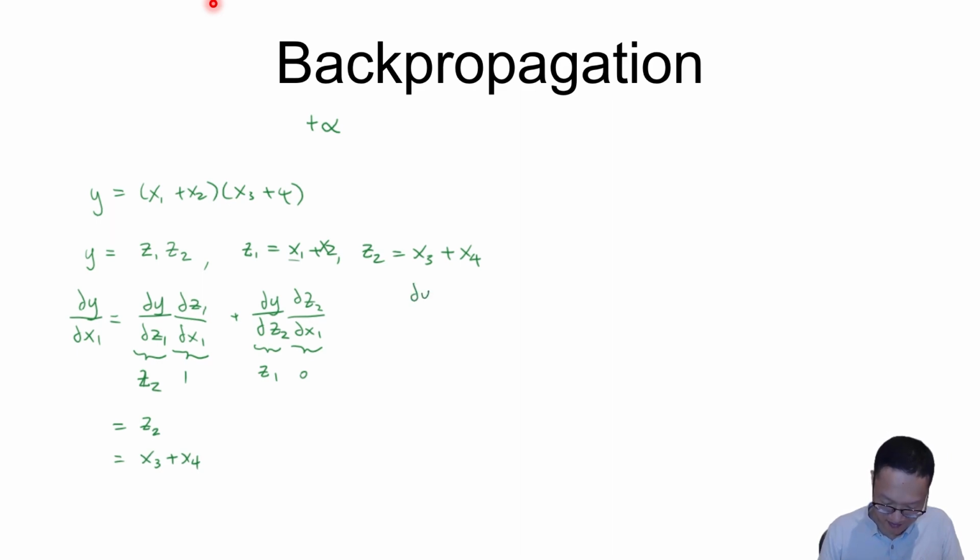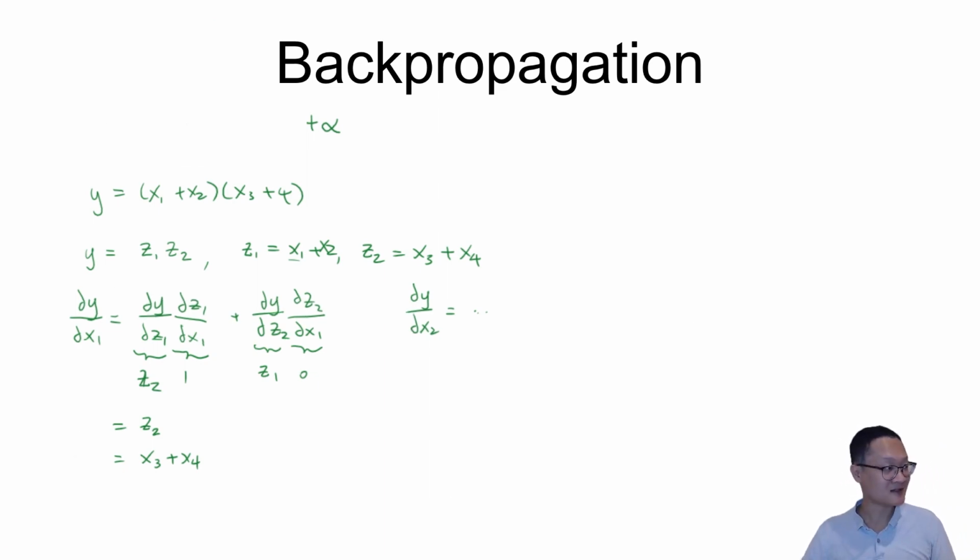And then we can, of course, do the same thing with respect to x2. It's going to be exactly the same procedure. Let me just double check this. Now, what if you do it with respect to x2? Yes, it should be correct.